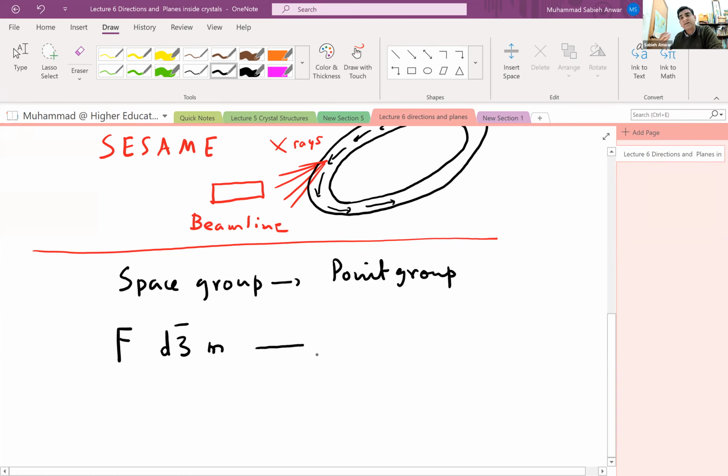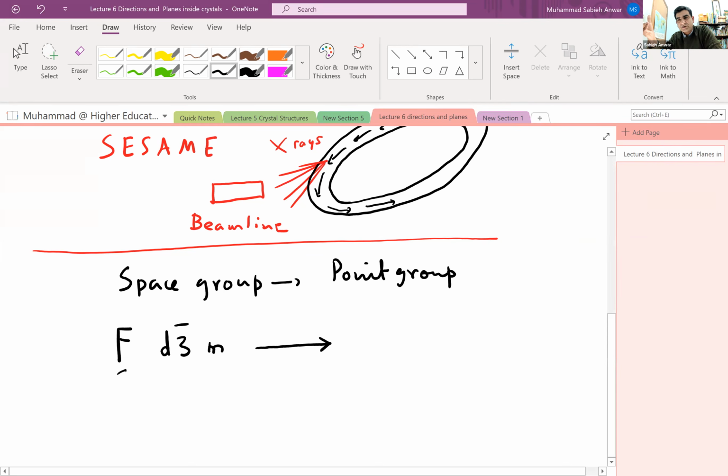Now, if you would like to find out the point group for this crystal structure, so if you pick up a crystal of diamond in your hand, really expensive, and something that has fascinated the imagination of mankind, men and women alike, for ages. What would be its point group? You do rotations, you do reflections, you'll find out the point group of the crystal, but that can be derived from the space group. So finding the point group of that crystal from the space group is also easy.